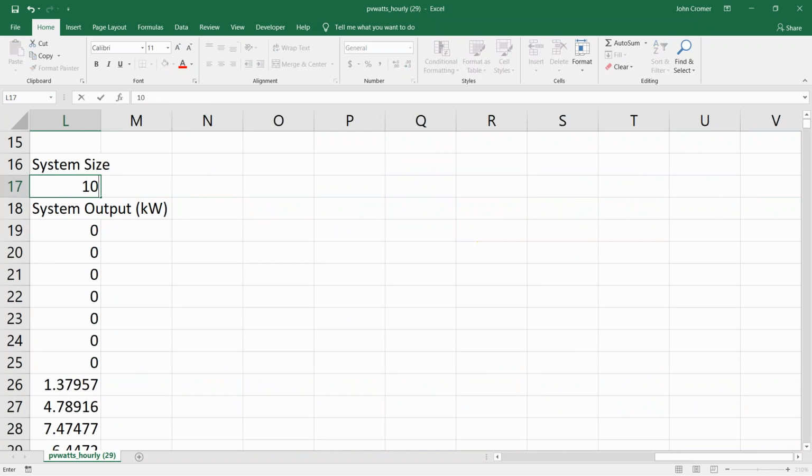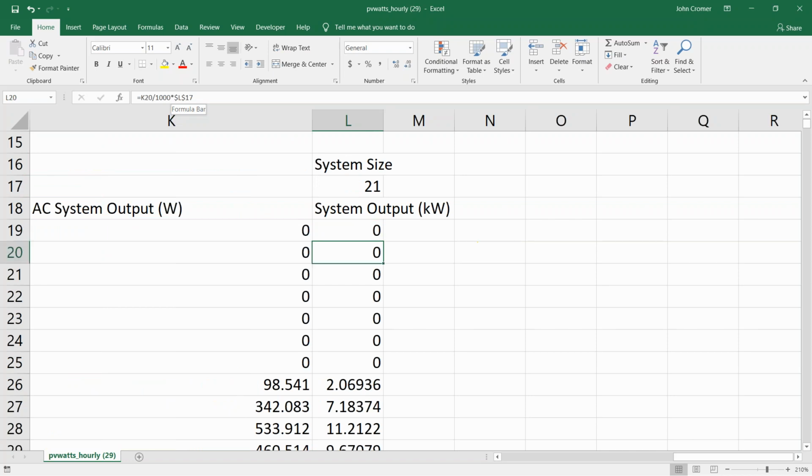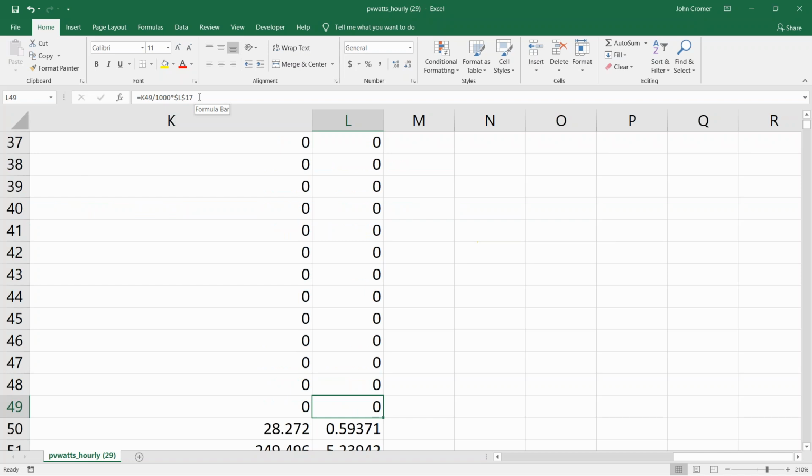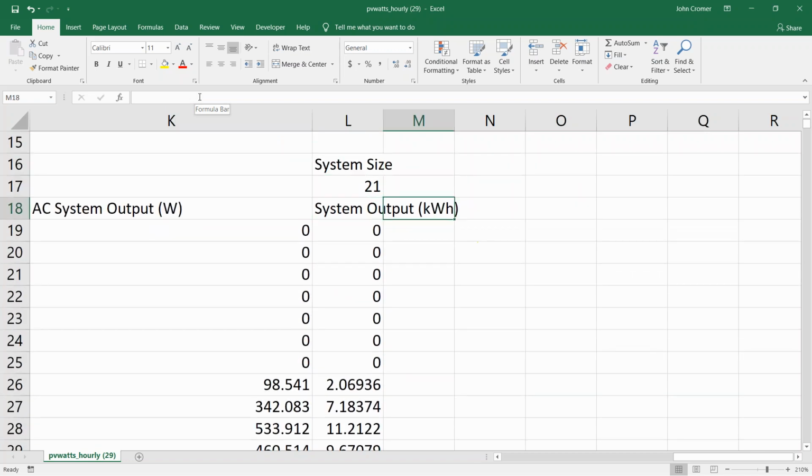What if I do a 10 kilowatt array? My figures adjust. And so now I know what my system output is. This is my system output in kilowatts. It's also broken into 1 hour bars. And so now I know how much my solar array is producing in kilowatt hours for various sizes. Great.